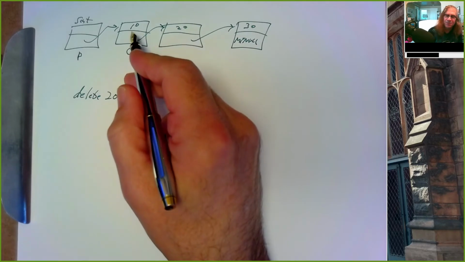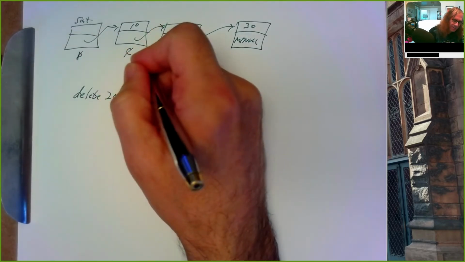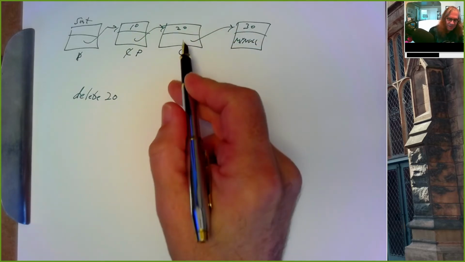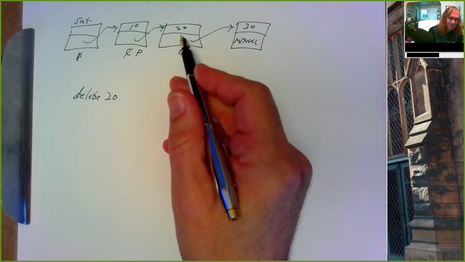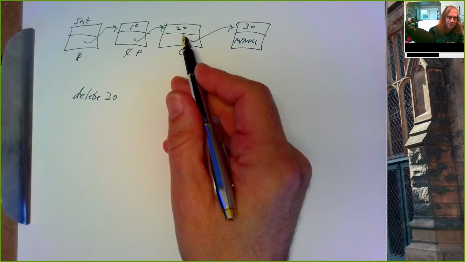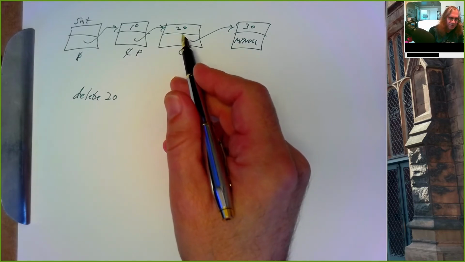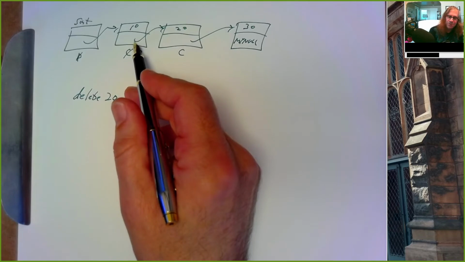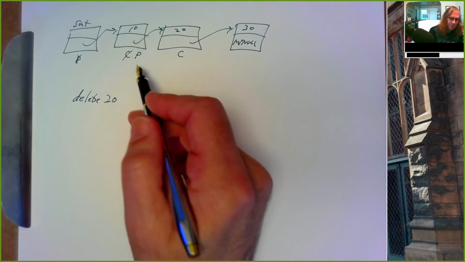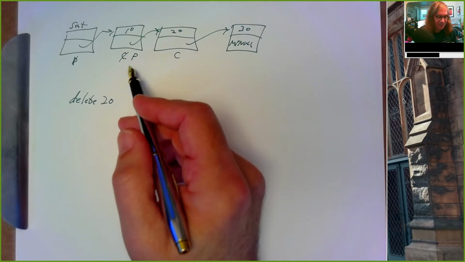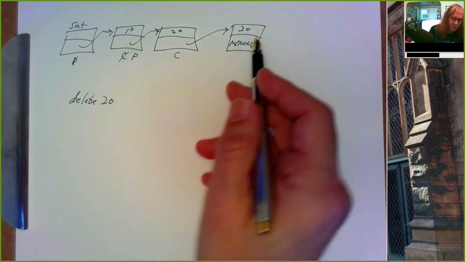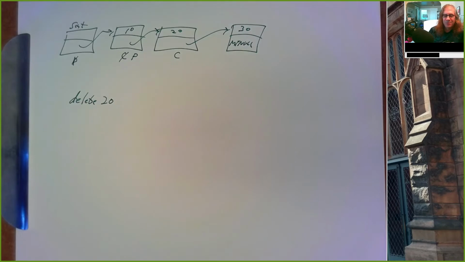We're going to check the current node's data. Doesn't match what we want. We're going to move these down so that current is 20, previous was the node right before. Now we're going to say, oh, that's the node I want to delete. At that point, we need to adjust the previous node's next field. Well, we can find the previous node because we've got a variable that's holding that index for us. And so we'll change the previous to point to the 30. That deletes the 20.